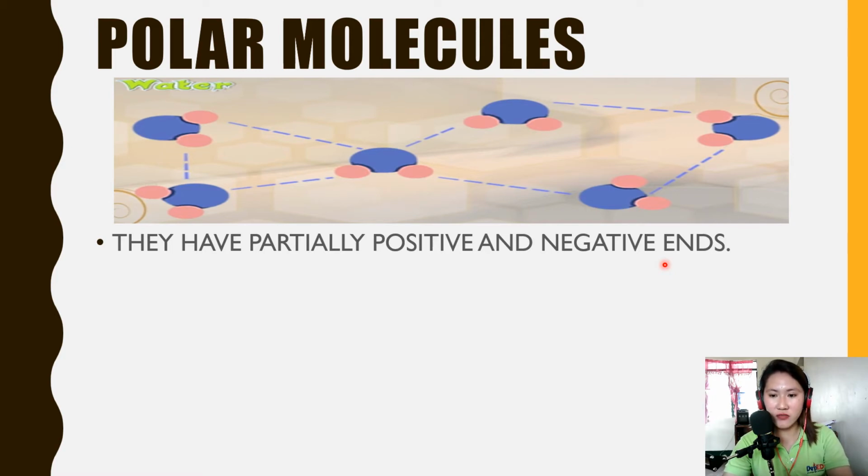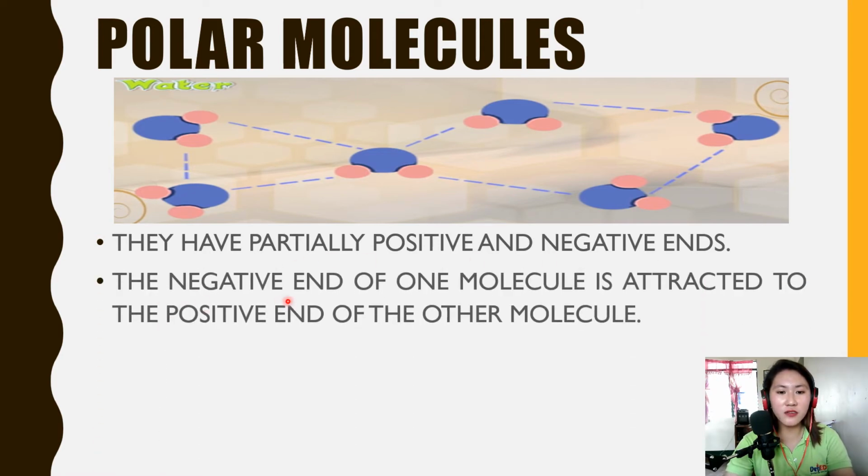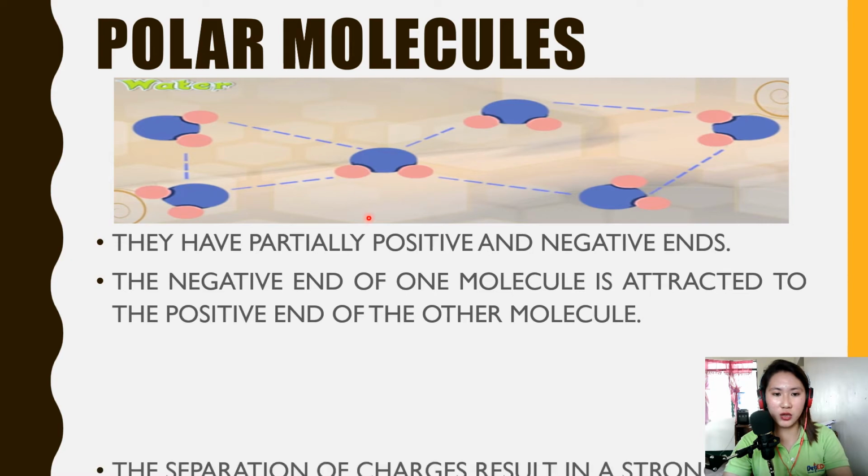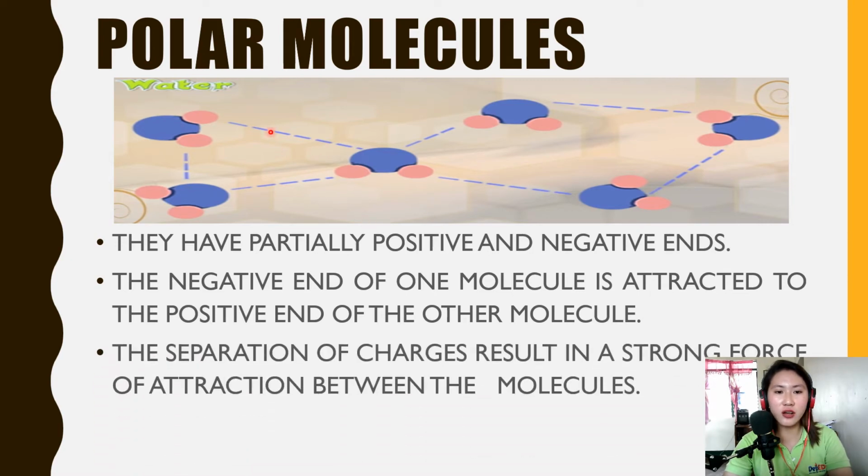The negative end of one molecule is attracted to the positive end of the other molecule, and the separation of charges results in a strong force of attraction between the molecules. So that is the polar molecules.